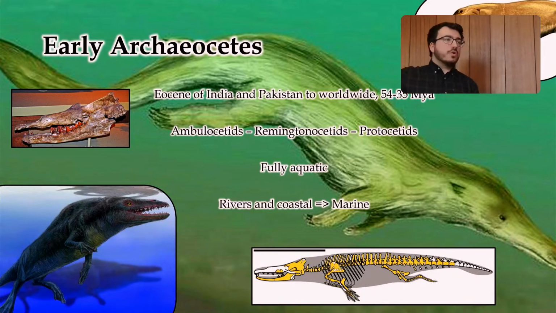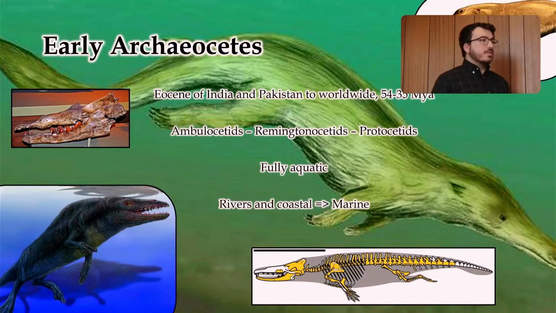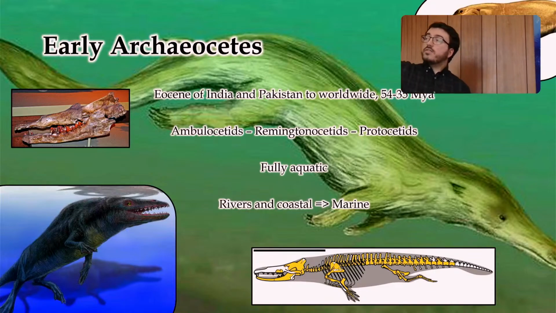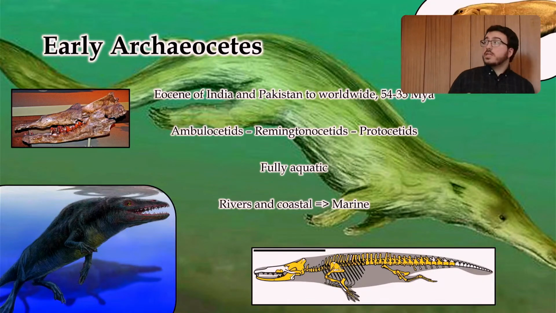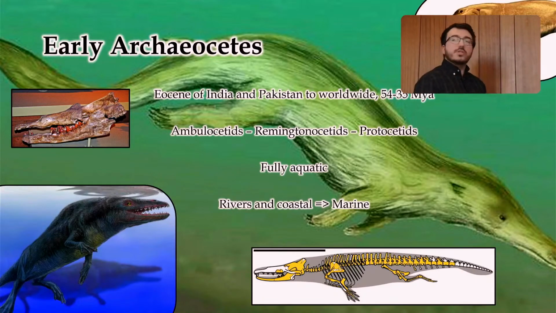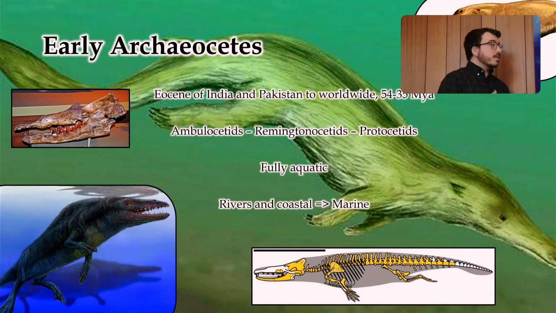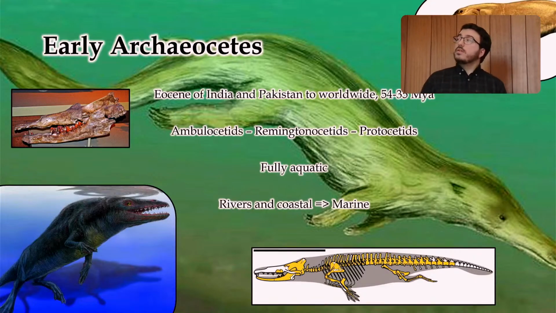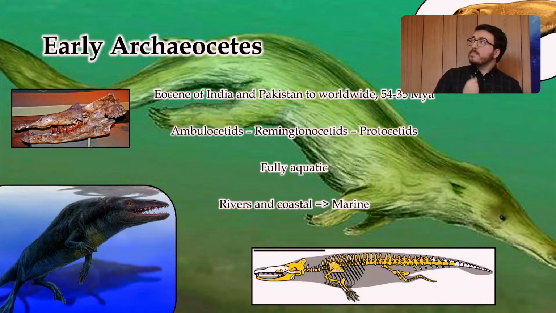That shows that they're staying in the areas where they first evolved and not moving out into the open oceans. But the Protocetids are found worldwide. So that shows that these are now starting to venture out into the open oceans. Maybe not quite into the fully deep waters yet, but they are marine animals at this point.